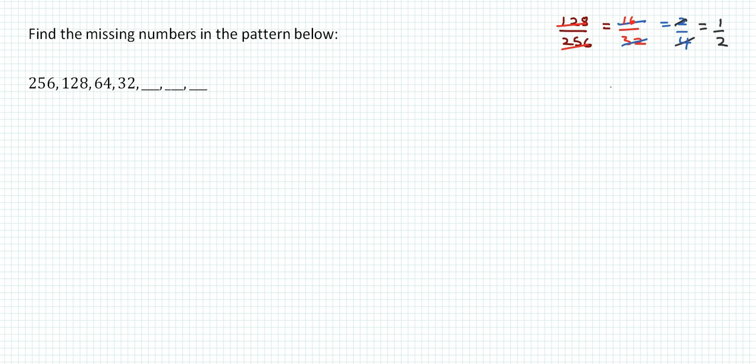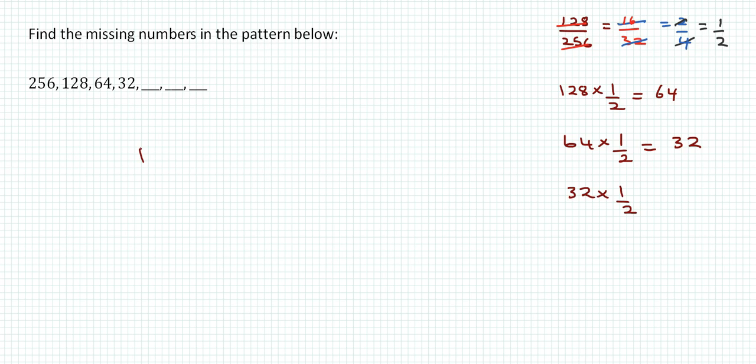So now what this means is that we're going to keep multiplying by 1 over 2. So 128 multiplied by 1 over 2 is going to give us 64. 64 multiplied by 1 over 2 is the same as dividing 64 by 2. It's going to give us 32. Now 32 multiplied by 1 over 2.